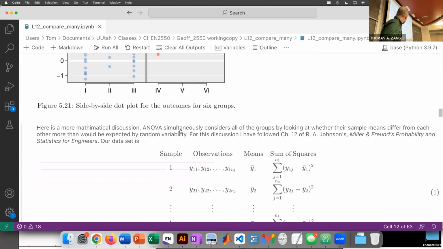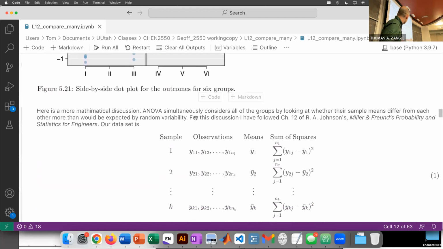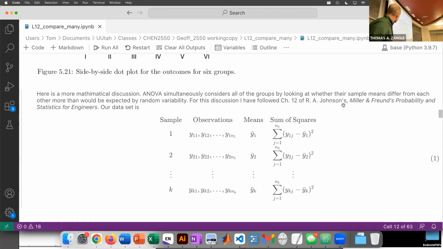Okay, so we can say that ANOVA simultaneously considers all of the groups. We're not going to look at any one group individually. We're looking at whether the sample means differ from each other more than would be expected by random variability. Again, we're testing against the null hypothesis that all of the means are equal to one another.